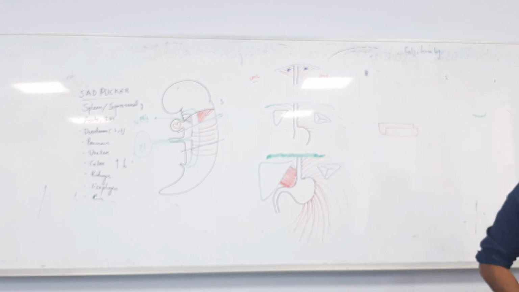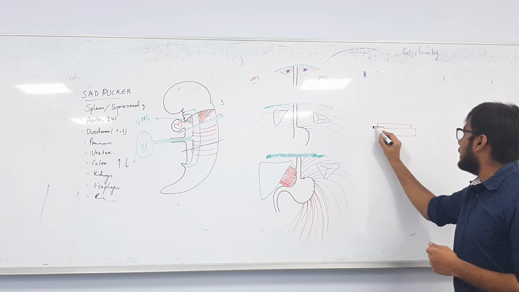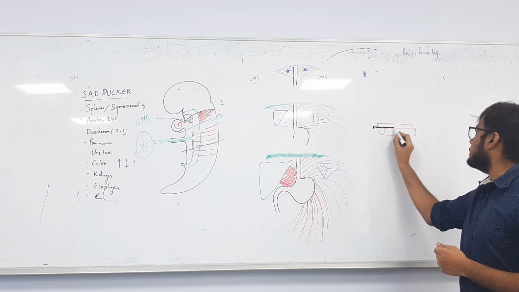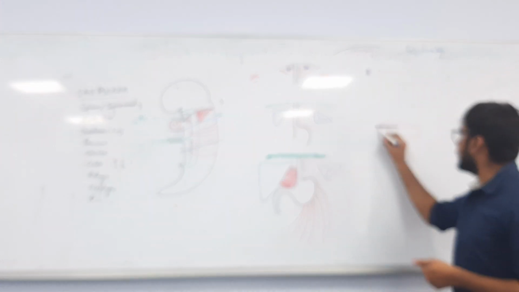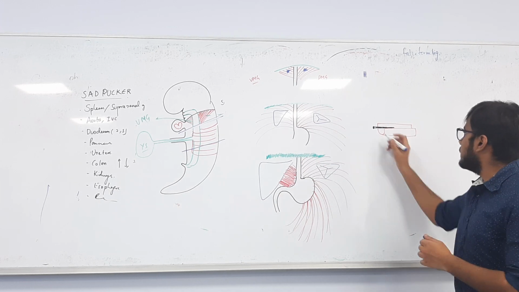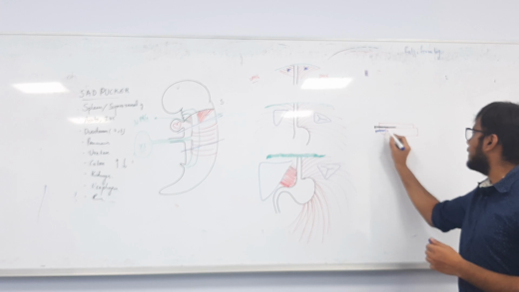Now in this I draw an artery here, like this, right? And next I draw a vein here. This is an artery and this is a vein, going inside, right?